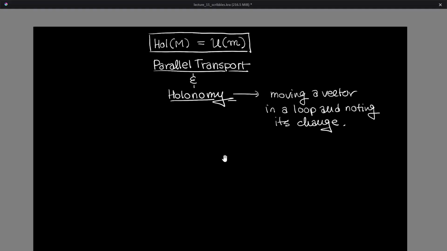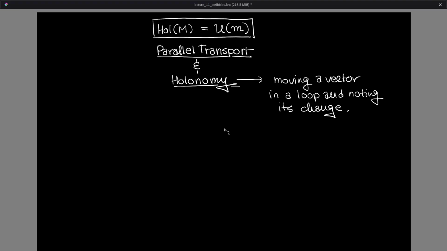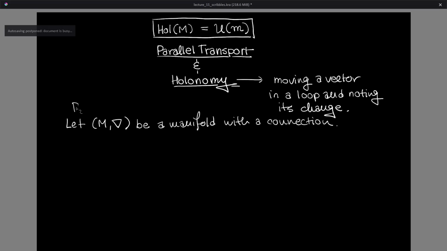But in order to do that, we need to figure out how to capture the change in a vector along a curve as opposed to the change of a vector over a vector field as we had before. So let M, nabla be a manifold with a connection. So we're talking about parallel transport here.